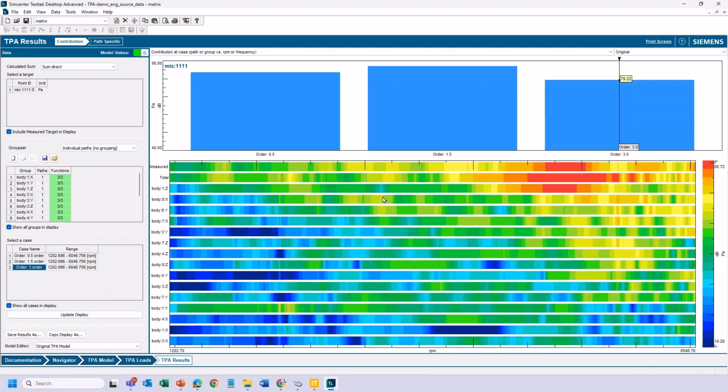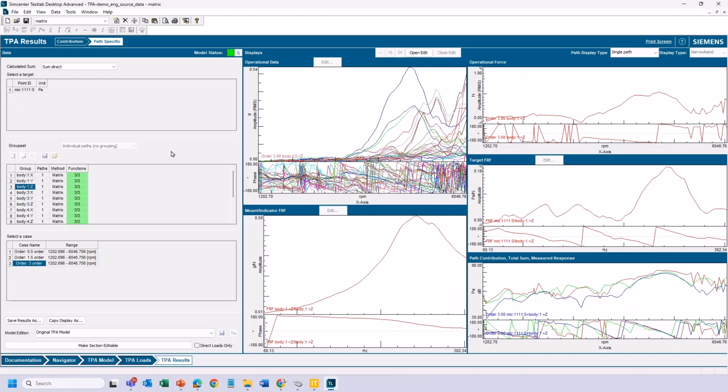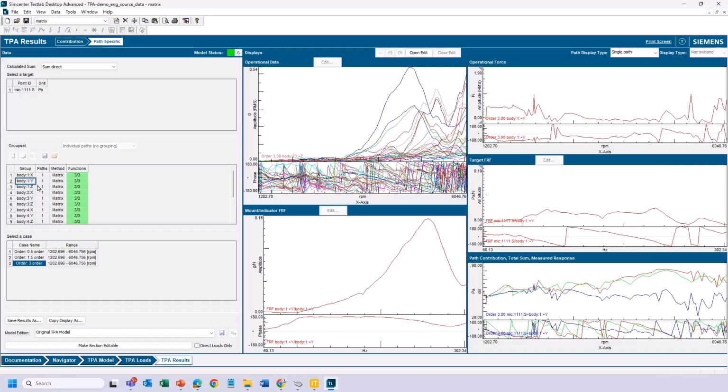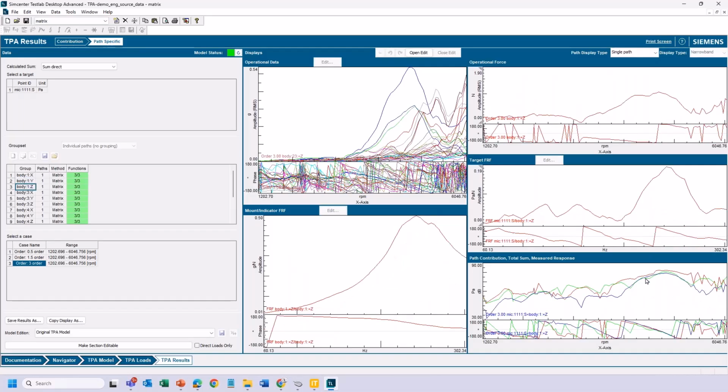And now we can look at the TPA results just like before, and it'll show us, if I update this, body 1Z is still the problem, but we calculated the forces a bit differently. Now we calculated them using matrix inversion rather than mount inversion, but we still got the same conclusions. The only insight I think that you don't get with the mount method is here we could see the active versus the passive side, if the active side was a lot bigger, so we knew the mount was doing a good job.